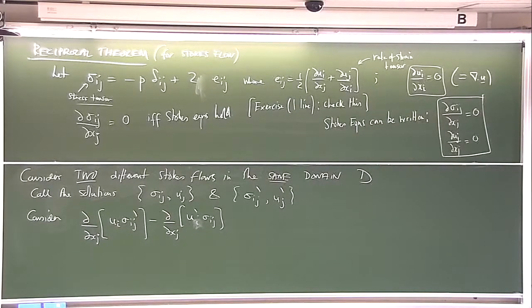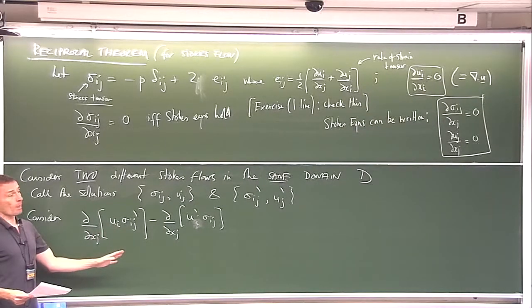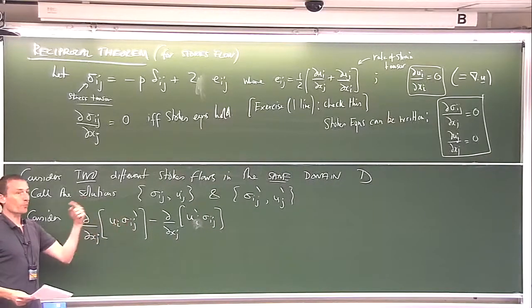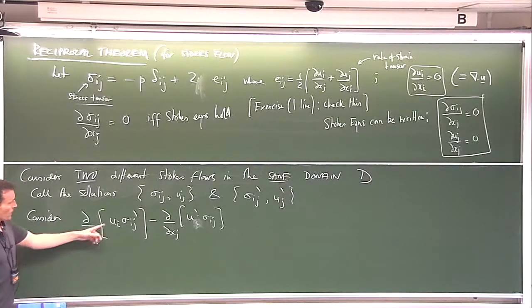You'll see why it's useful in a moment. What I've done is I've taken the velocity field from one problem and contracted it with the stress tensor from the other problem. Very strange thing to do. Think about it, it's very strange. You've got two completely different problems and somehow you're contracting something from one solution with another one. Very strange. But we'll see how useful it is.